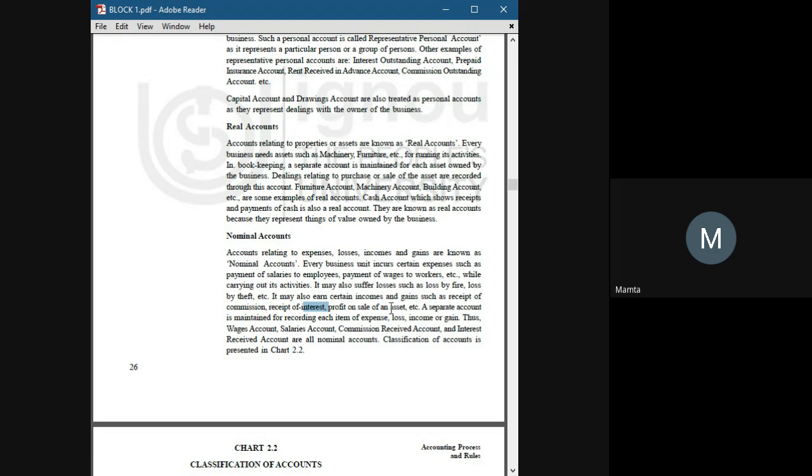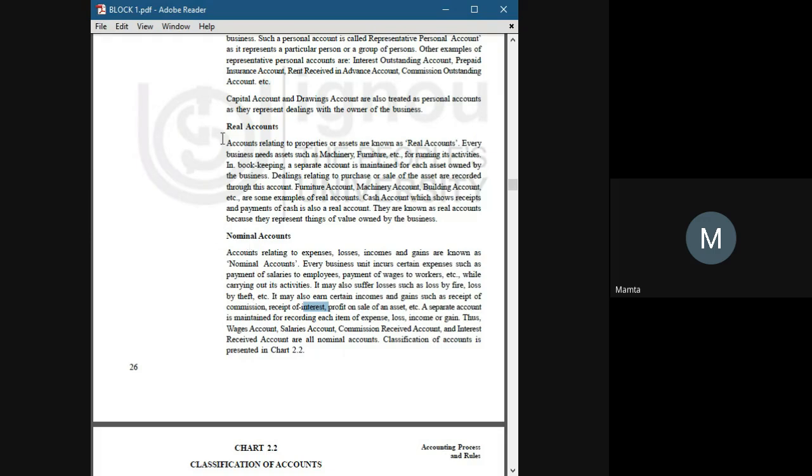When we pay wages to our laborers, there will be a wages account and it comes under nominal account. When we receive interest or any kind of commission, so commission account, interest account, all these are considered nominal accounts.